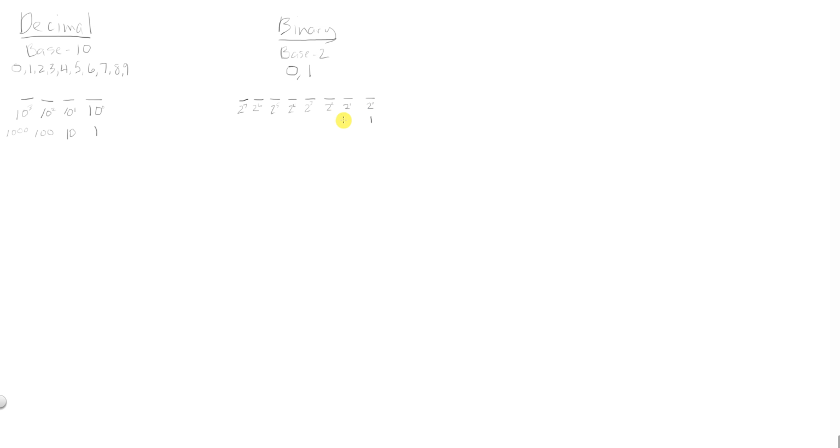Well, this is 1, this is 2, 4, 8, 16, 32, 64, and 128. Those are the place values. So a 1 here is equal to 128, all the way down to a 1 here being equal to 1. So that's the second numbering system, and you can simply use the characters 0 and 1 to represent every number out there, pretty much.